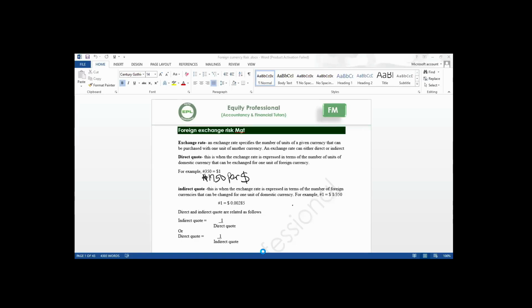If a Nigerian company is to transact business in UK, to buy raw material from UK, it has to convert Nigerian Naira to British currency.